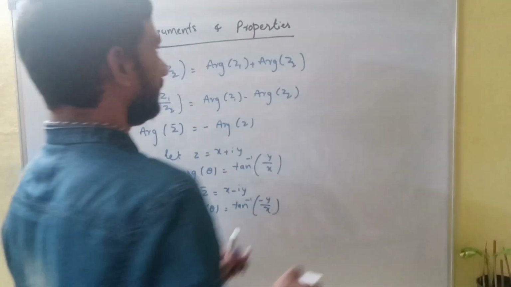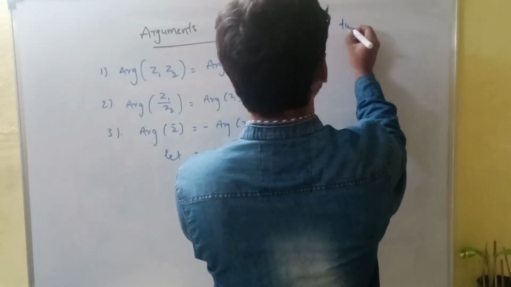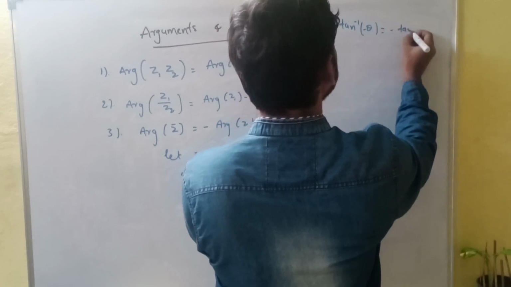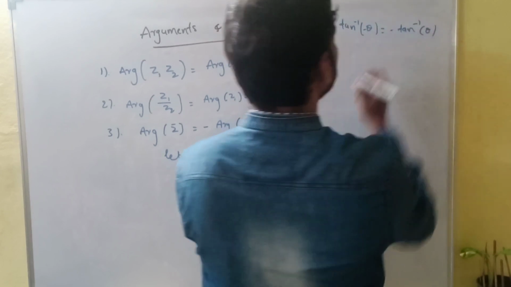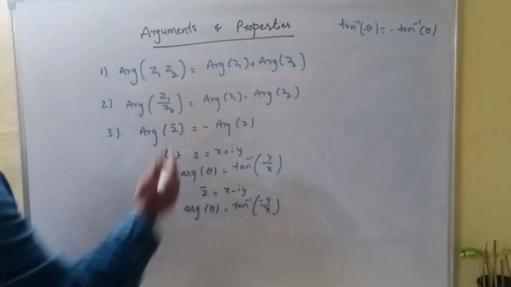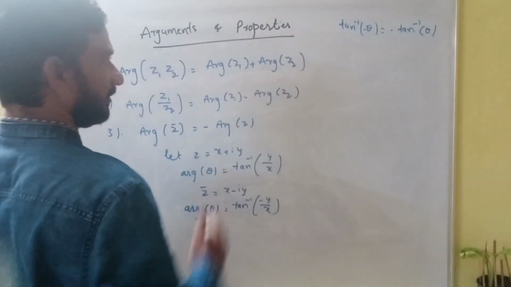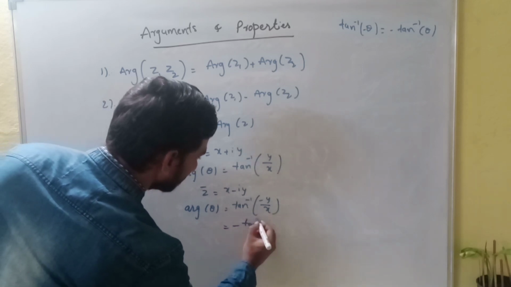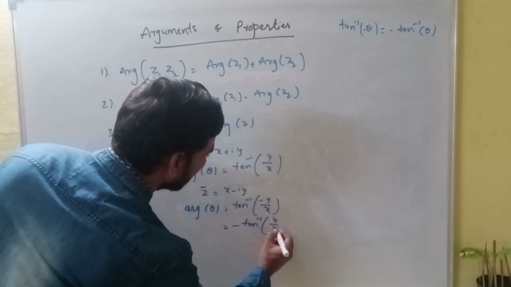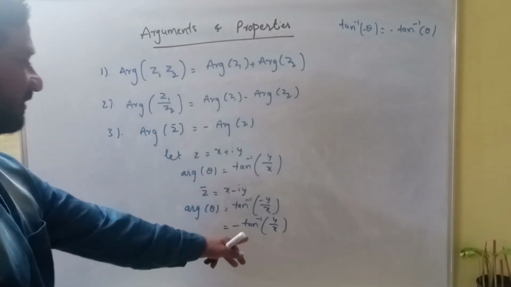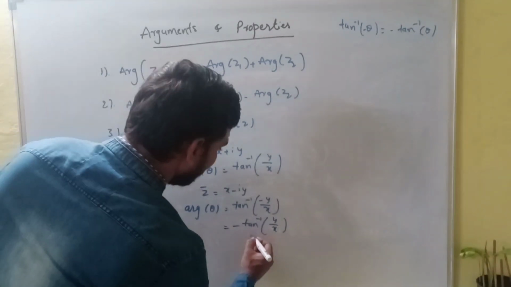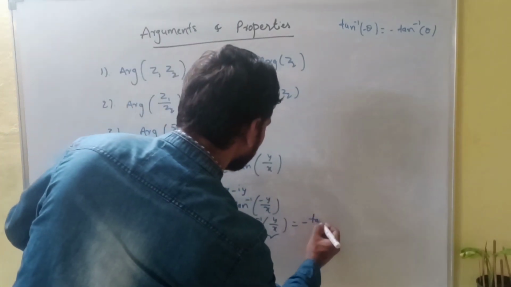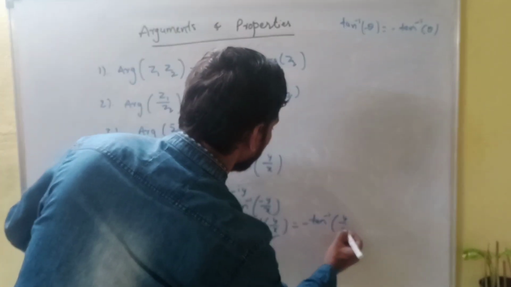We know that tan inverse of minus theta is equal to minus of tan inverse theta. From the inverse trigonometric function, this is the formula we know. That means this will be minus of tan inverse y by x. From this we can conclude that tan inverse of y by x is the argument of z, so this will become minus of tan inverse of y by x.